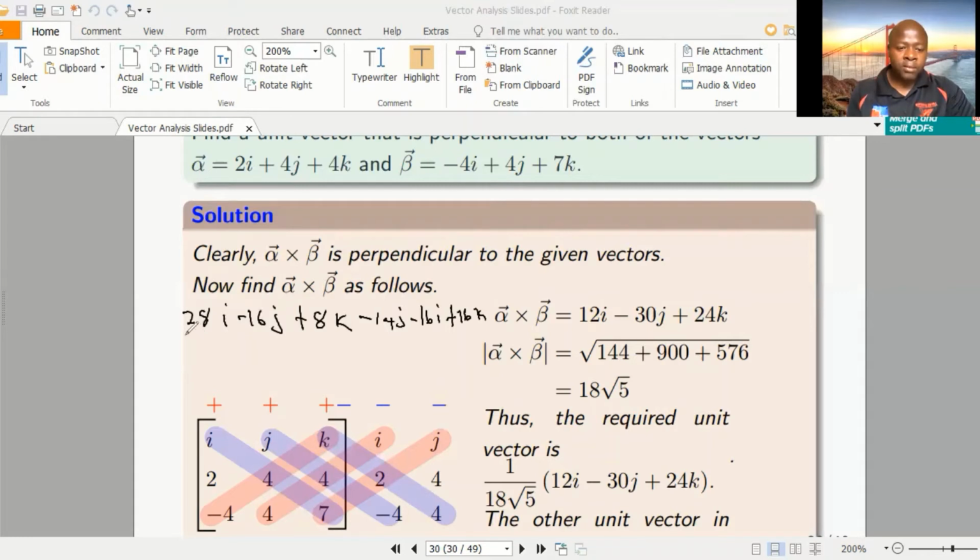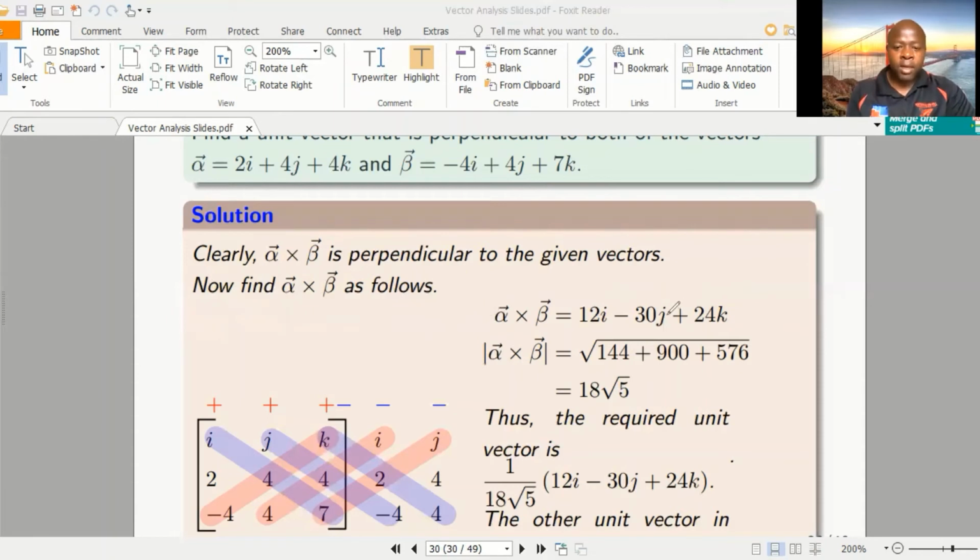So collecting like terms, we have 28i minus 16i, which gives us 12i. Then -16j minus 14j gives us -30j. And for k, we have 8k and 16k, both positive, which gives us 24k. So this is the cross product of alpha and beta.